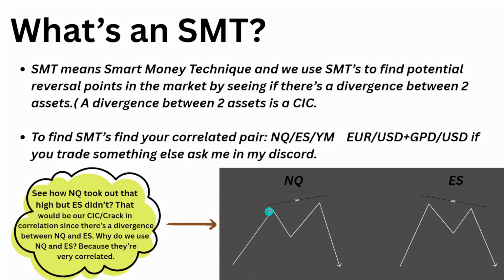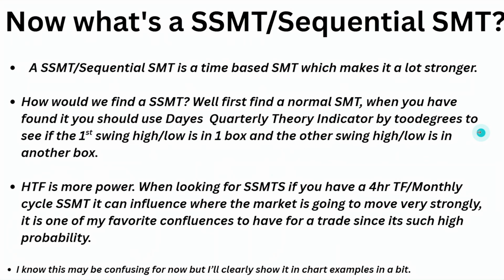That means if this high was in quarter 1 and this high was in quarter 2, this would be a sequential SMT because it's a time-based SMT. So that's what I mean by if the first swing of the SMT is in one box and the other swing high or swing low at the end of the SMT is in another box, then that would be a sequential SMT. But something I did not include in here is that they have to be back-to-back quarters.